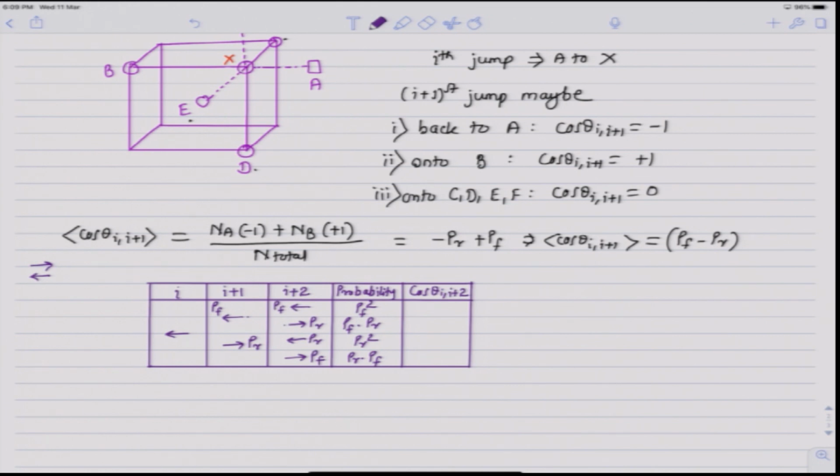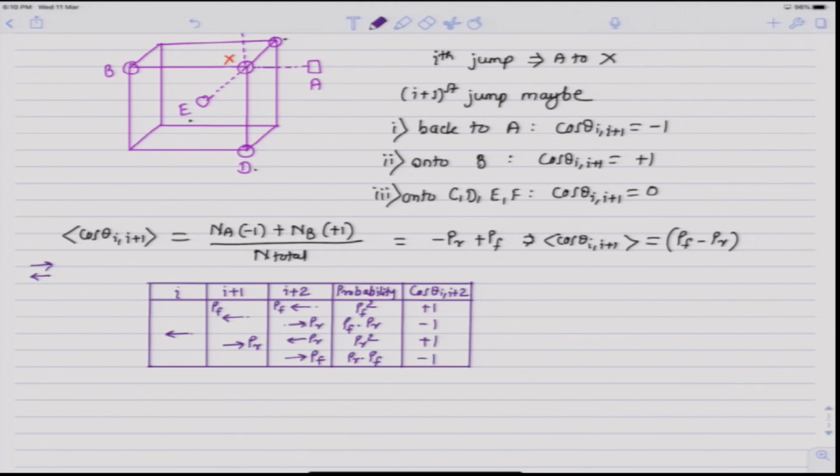And if we see the combinations of the ith and i plus second jump, for the first combination the two jumps are in the same direction. So, cos theta i+2 would be plus 1. For the second, the two jumps are in the opposite direction. So, cos theta is minus 1. For the third one again, the two jumps are in the same direction. So, the cos theta would be plus 1, and for the last one it will be again minus 1.